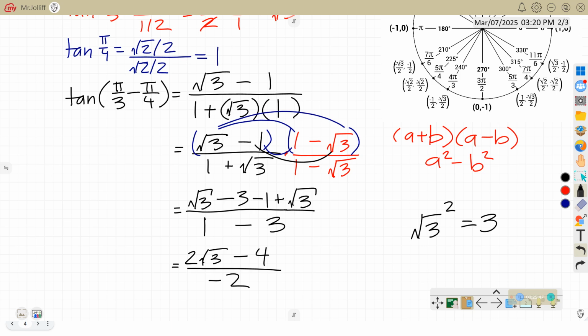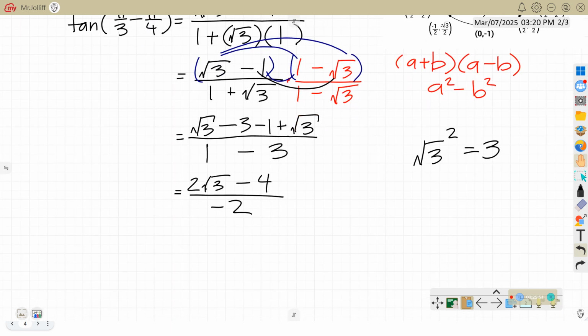Let's divide top and bottom by the denominator. Let's split that up into two separate fractions and divide. So top and bottom, first pair, 2 root 3 divided by negative 2. Positive divided by negative is positive or negative? Negative, good. Different signs give me a negative. And the 2's should cancel, leaving me with a root 3, which is a happy face.